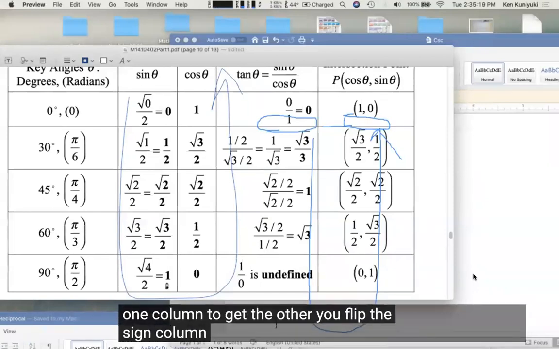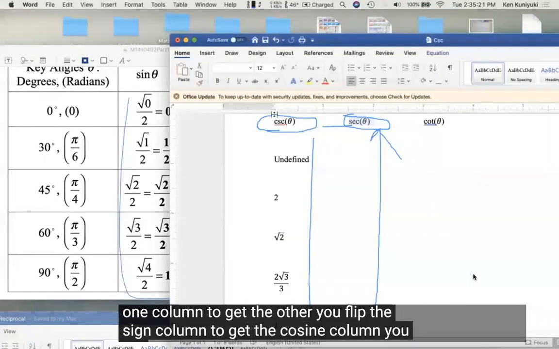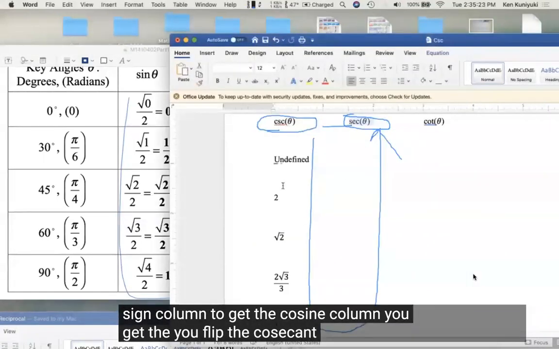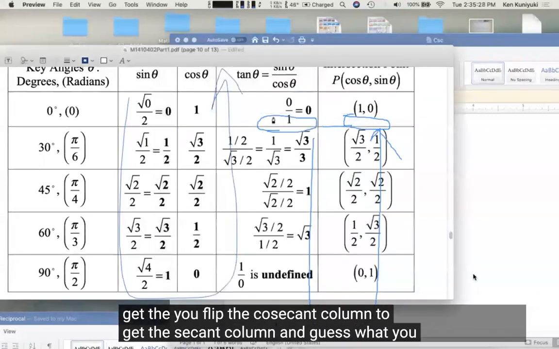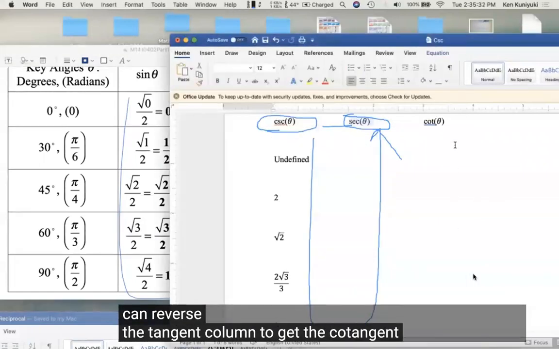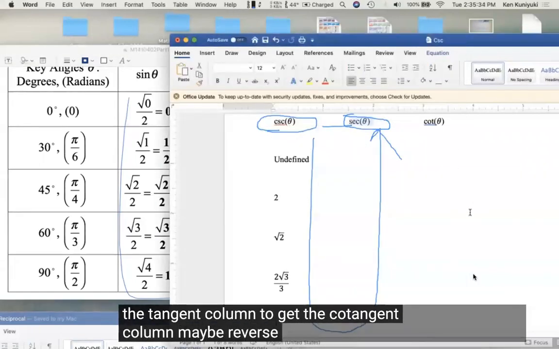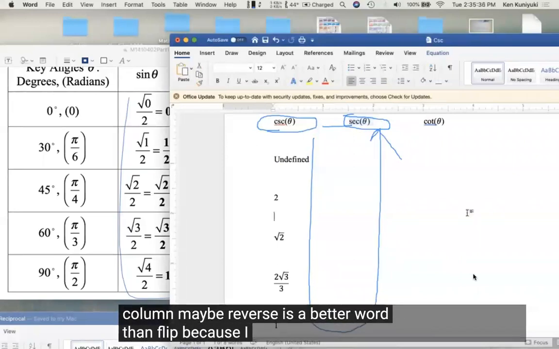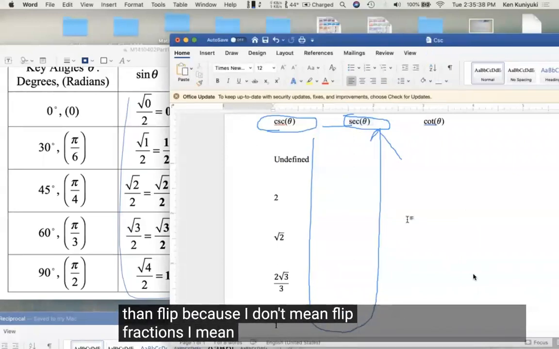You flip the sine column to get the cosine column. You flip the cosecant column to get the secant column. And guess what? You can reverse the tangent column to get the cotangent column. Maybe reverse is a better word than flip because I don't mean flip fractions. I mean reversing the column.